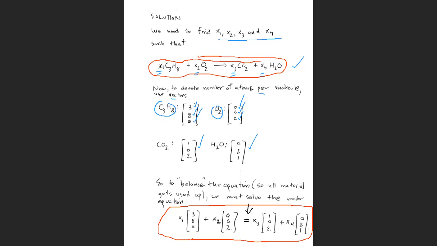So we end up with this vector equation, and vector equations, of course, represent a system, in this case, of linear equations. So what we want to do is, let me see here.